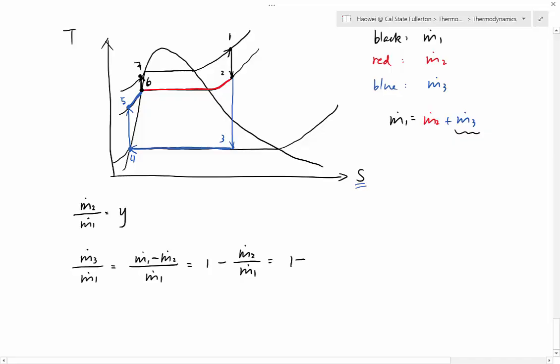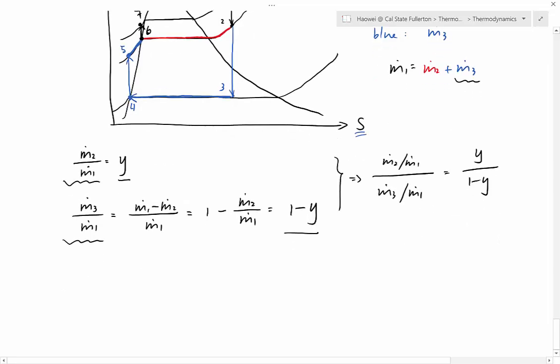And we just defined m dot 2 over m dot 1 as y. So this becomes 1 minus y. And then what we do is to have left-hand side divided by left-hand side. It must be equal to right-hand side divided by right-hand side. Okay, left-hand side m dot 2 over m dot 1 divided by m dot 3 over m dot 1. It must be equal to right-hand side divided by right-hand side.